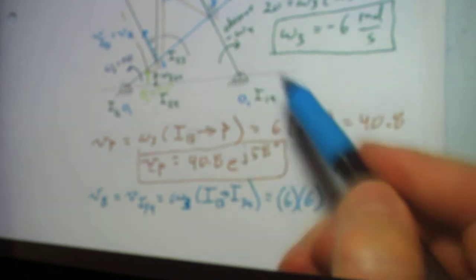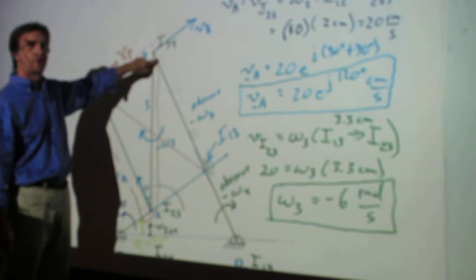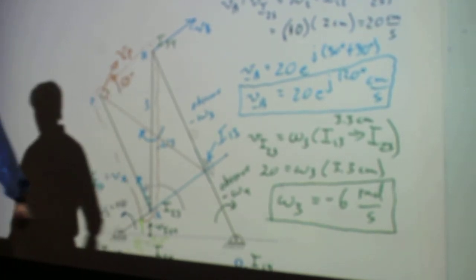And because I know that omega 3 is negative going like this, then I know that's the velocity of v. Okay? Is that from P to I3 or I34? That's from 1,3 to 3,4. How did you get the angle? How do I get the angle? This is 90 degrees, okay? And if I know what theta 4 is, here's my theta 4 down here.